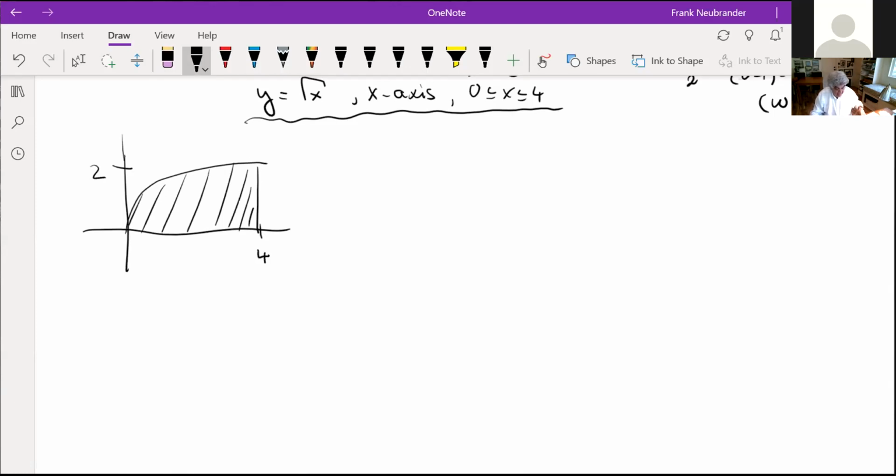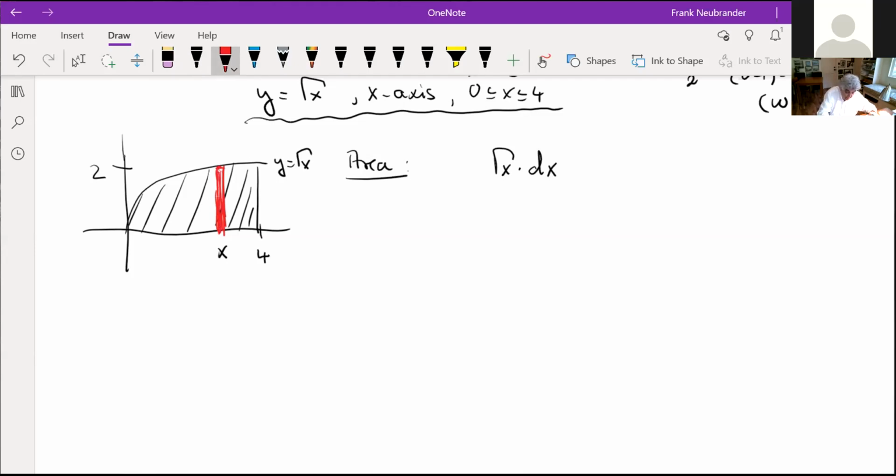And now the area of this region, the easiest way to do it, if you do vertical slices, then it is height square root of x times the thickness dx, that is the area of that small rectangle here.